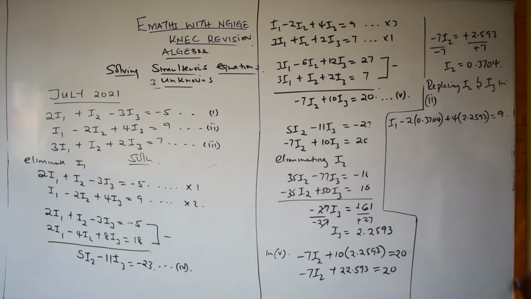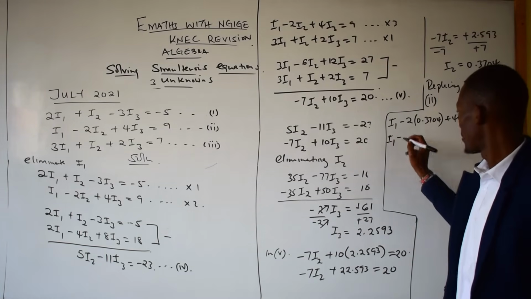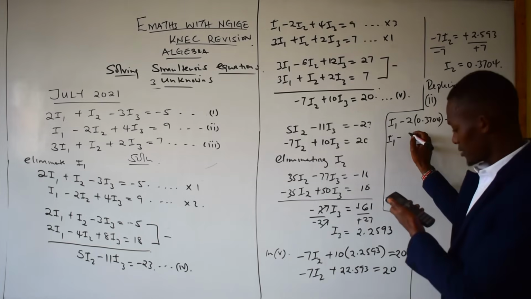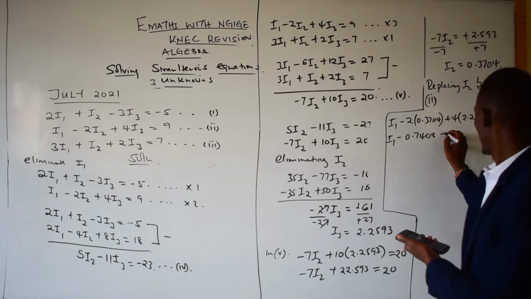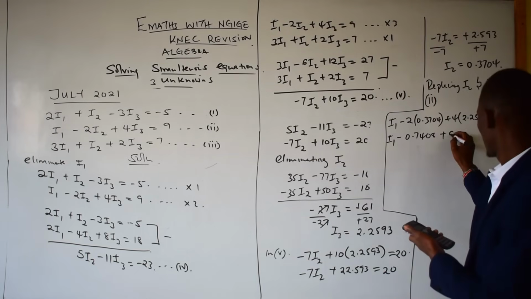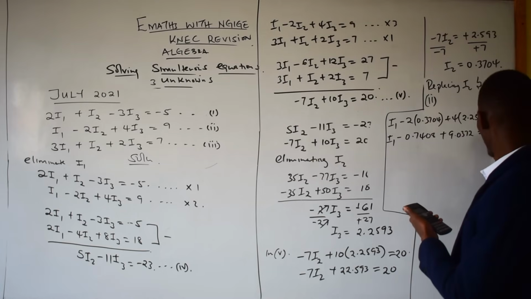Evaluating this, we get I1 minus 2 multiplied by 0.3704, which is minus 0.7408, then plus 4 multiplied by 2.2593, which gives 9.0372. This should give you 9.